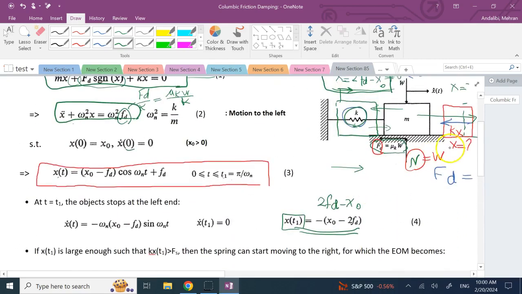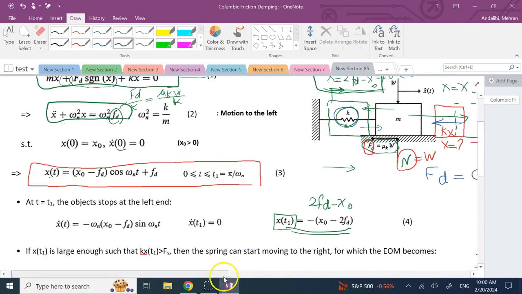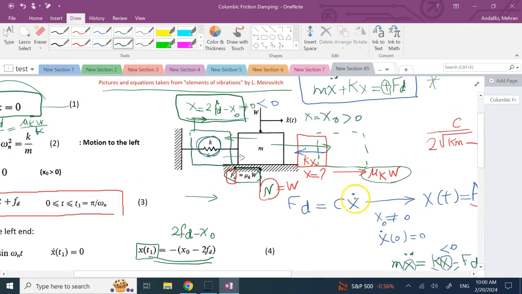Okay, so the time you stop here is t2, and the amplitude is what? As we just saw, it is x0, right? Minus what? Minus 4 times ft. Right?